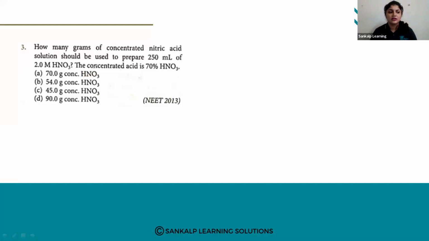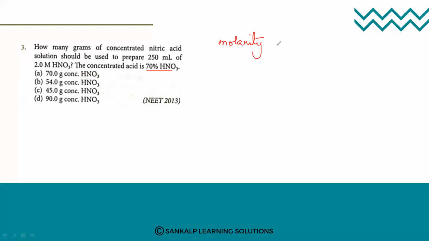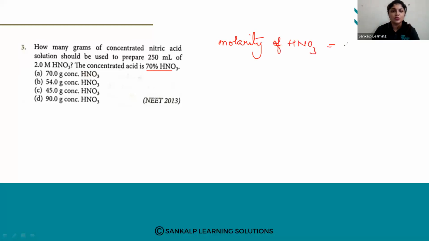The concentrated acid is 70% HNO3. So what is the molarity given? 2.0 is given, yes. So the molarity of HNO3 given is 2 molar.